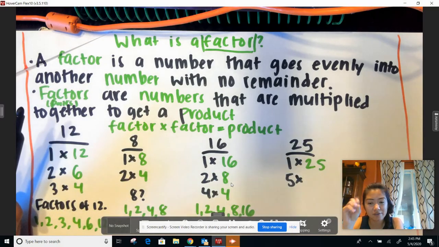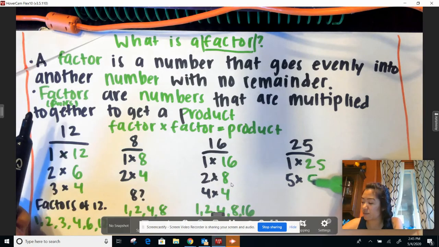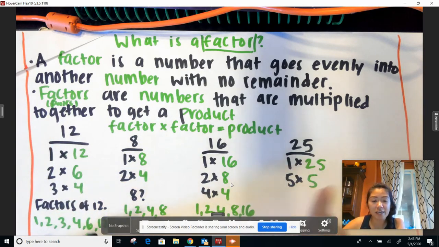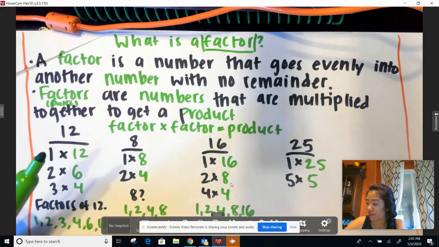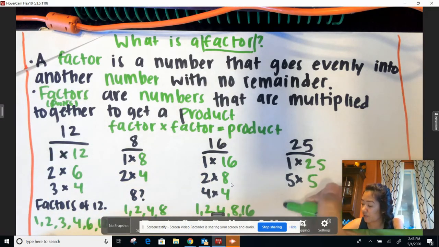How many times? 5, 10, 15, 20, 25. 5 times. So, although there aren't as many factors as for a number like 12 or 16, there still are factors and there are factor pairs. Okay, so if someone were to ask you, what are the factors of 25, you would say 1, 5, and 25.